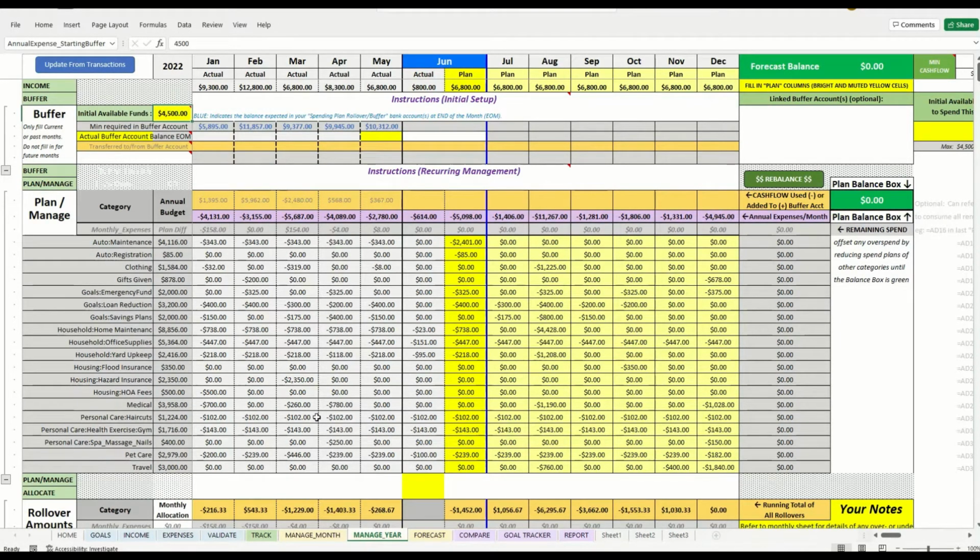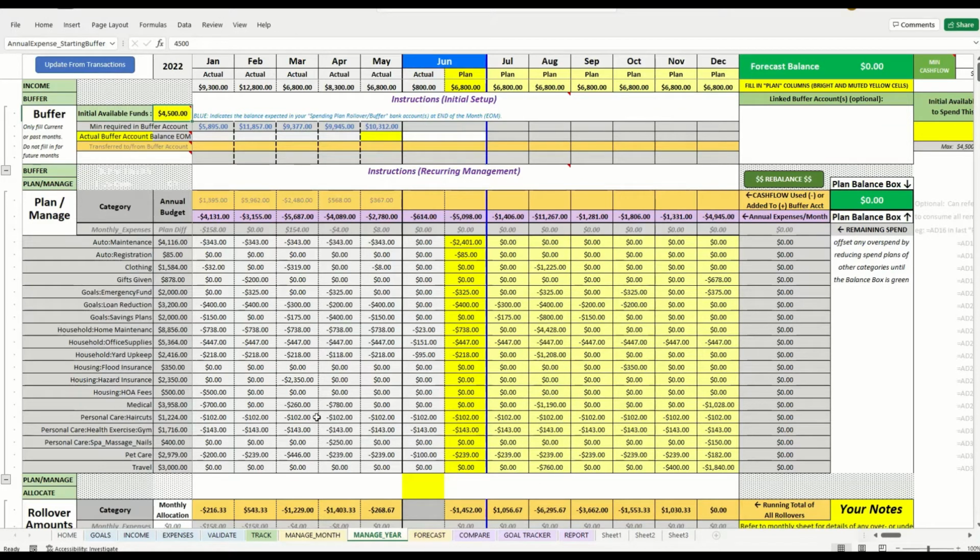Now that's important because initial available funds is all of the money that you have in all of your checking and savings accounts minus any credit card balances that you have on the day before your budget starts. In this case, our budget started on January 1st.